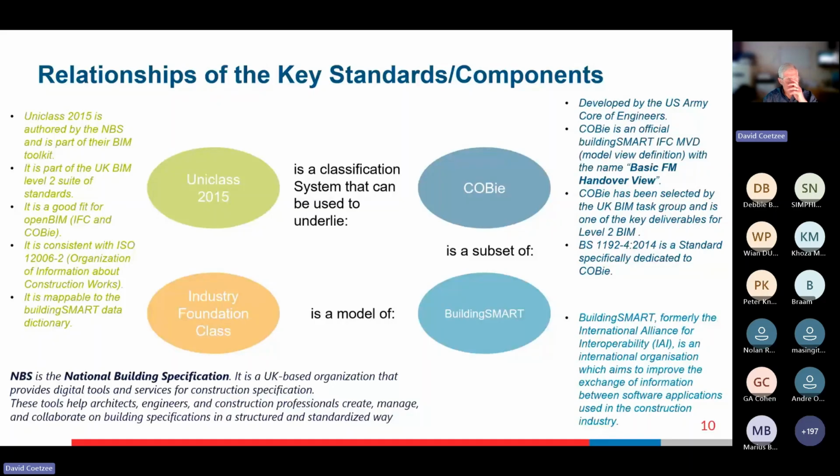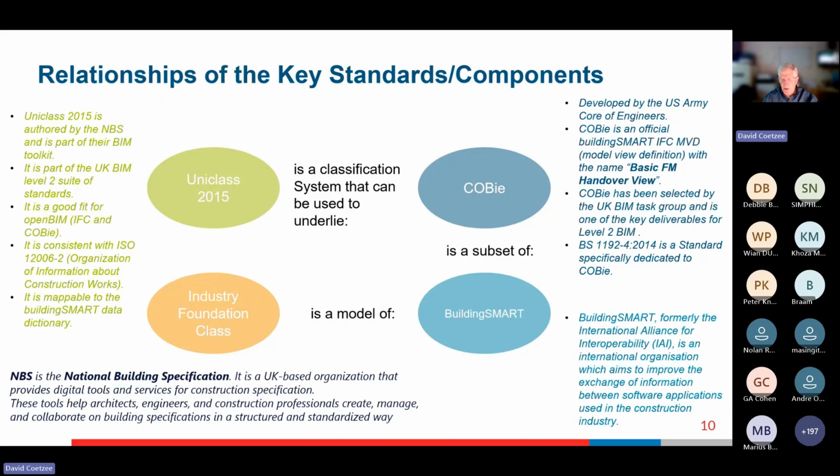It's the National Building Specification, a UK-based organization that provides digital tools and services for construction specification and classification. These tools are enormously helpful for architects, engineers, and construction professionals in the creation, management, and collaboration of building specifications and construction.